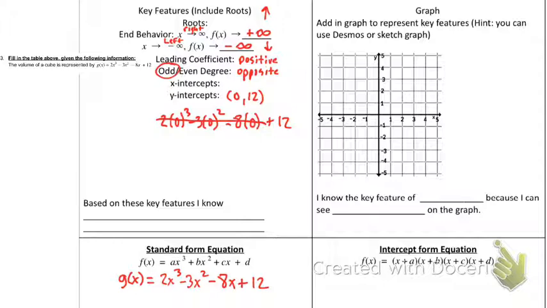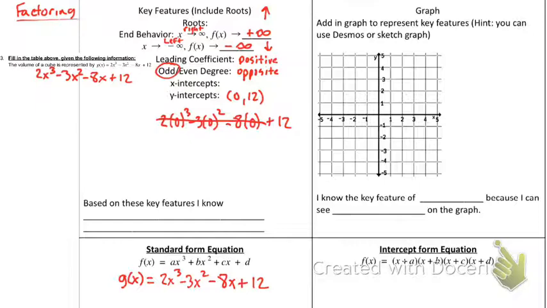So let's take 2x to the third, this is standard form again, minus 3x squared minus 8x plus 12. And we need to change this into factored form. So essentially, we need to change it into intercept form, okay, factored form, in order to find the x-intercept. So to do this, remember your factoring weapons.